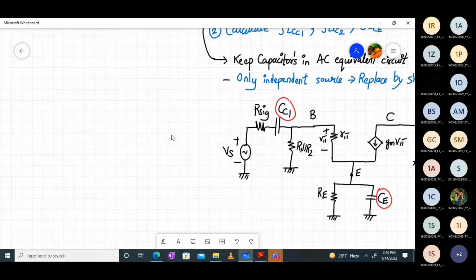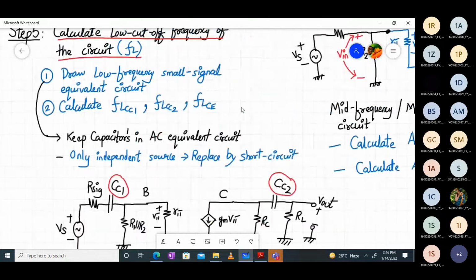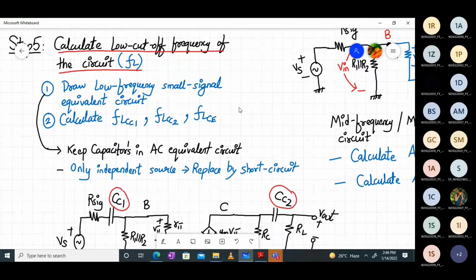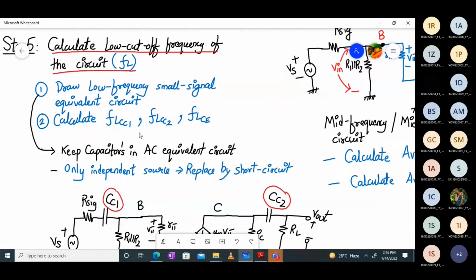I will tell you why we calculate only the lower cutoff frequency, right? So for this, there are two steps. We have to draw the low frequency small signal equivalent circuit, and then we have to calculate the low cutoff frequency due to the three capacitors which we have: FL of CC1, FL of CC2, and FL of CE, right?